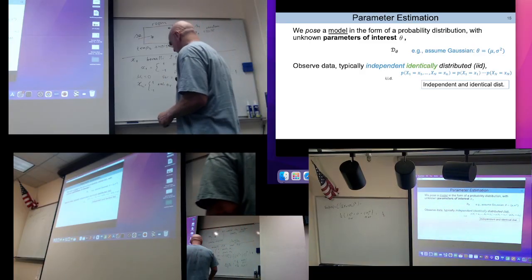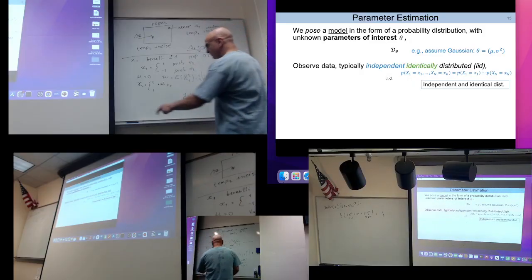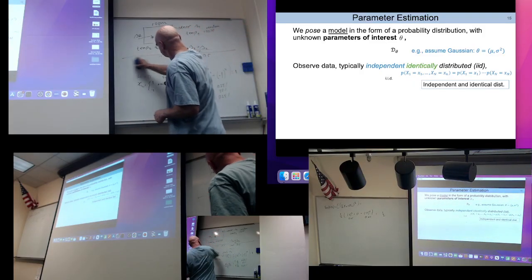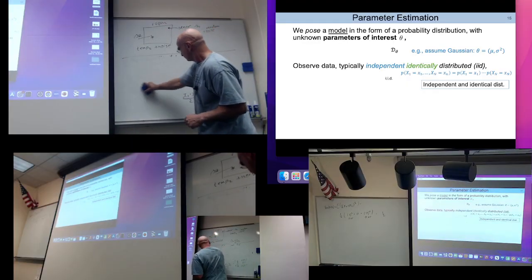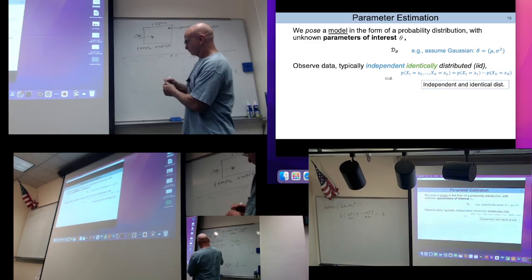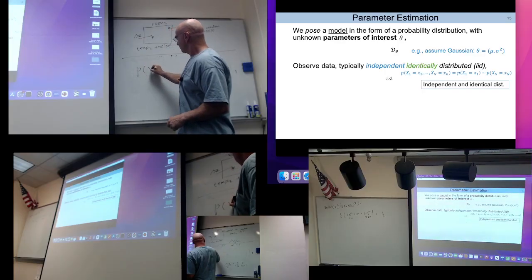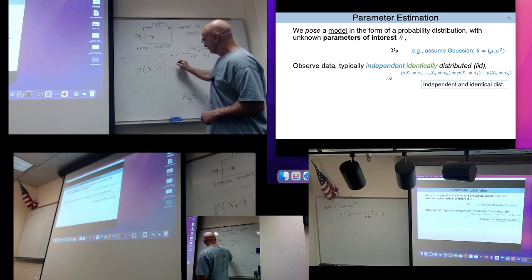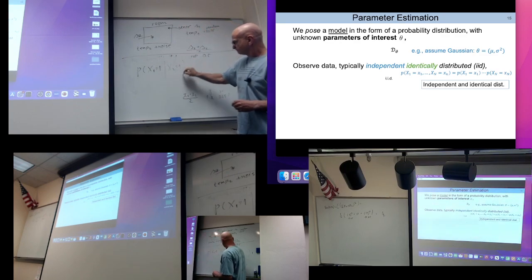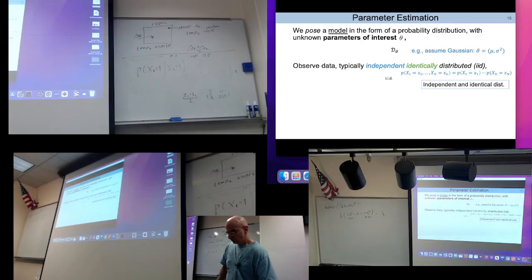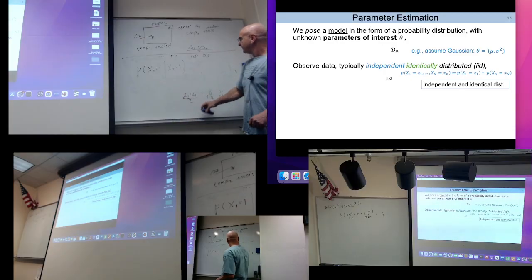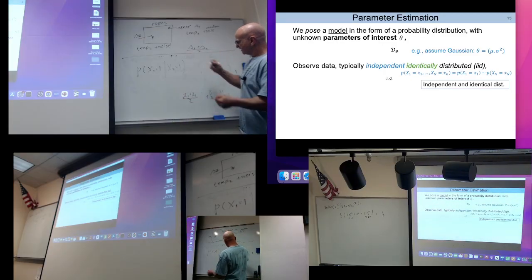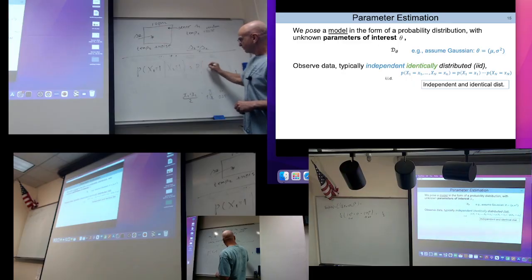Where am I using the independence? Because independence will imply that the probability, in particular, that x1 equals 1 given that x2 equals 1, this probability is nothing but the probability that x1 is 1.